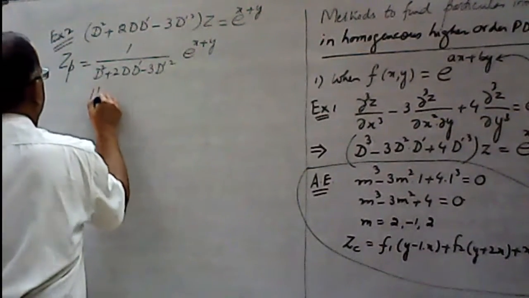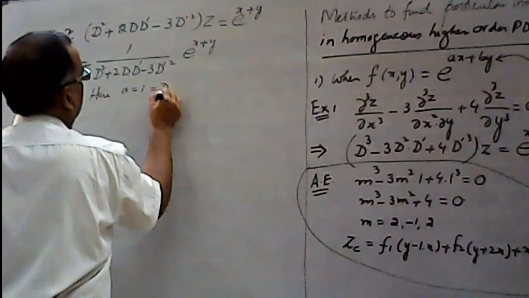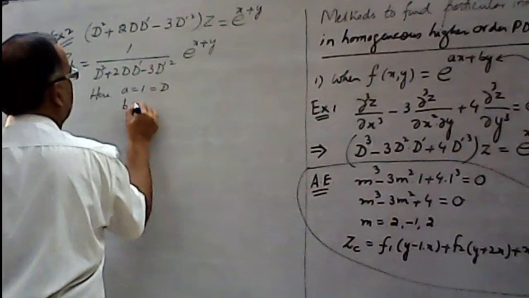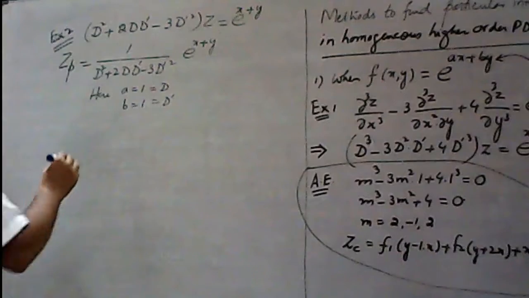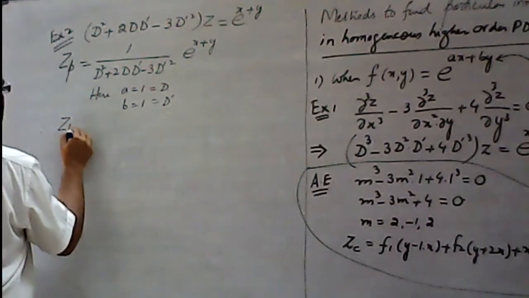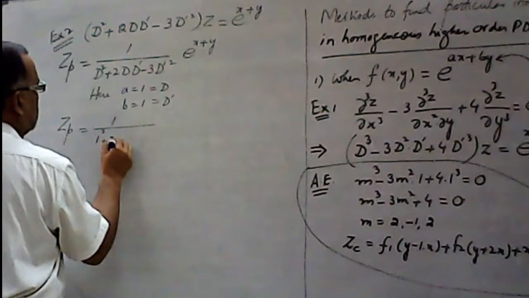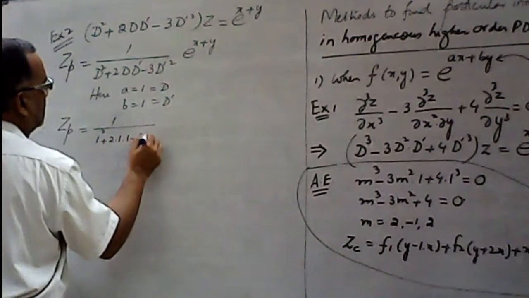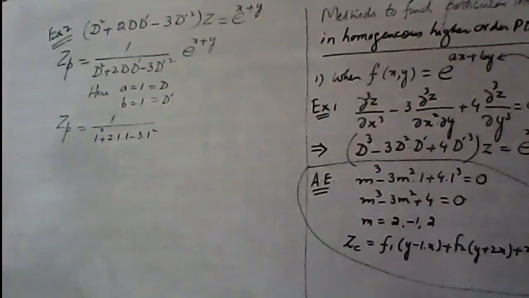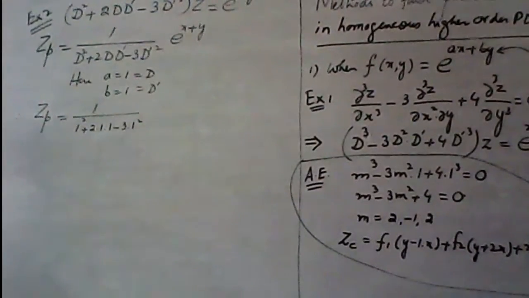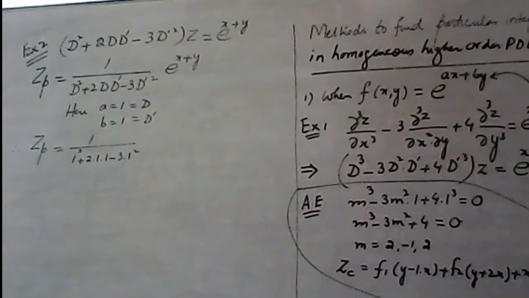So here a is equal to 1, means d is equal to 1, and d dash is equal to 1. Therefore, Zp will be equal to 1 upon 1 square plus 2 into 1 into 1 minus 3 into 1 square. And look now, exactly the denominator is 0.